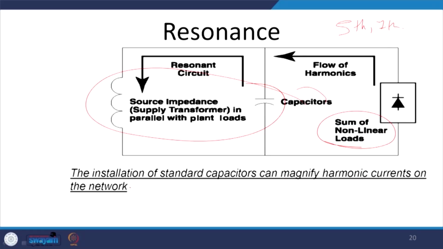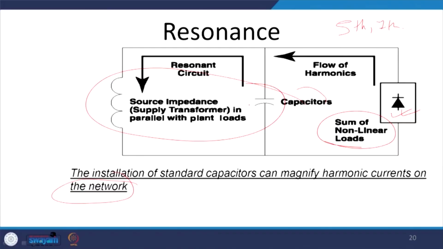This installation of a standard capacitor can magnify harmonic current in the network. That is one of the biggest disadvantages nowadays, because you have a harmonic generator and these oscillations will lead to harmonic resonance.